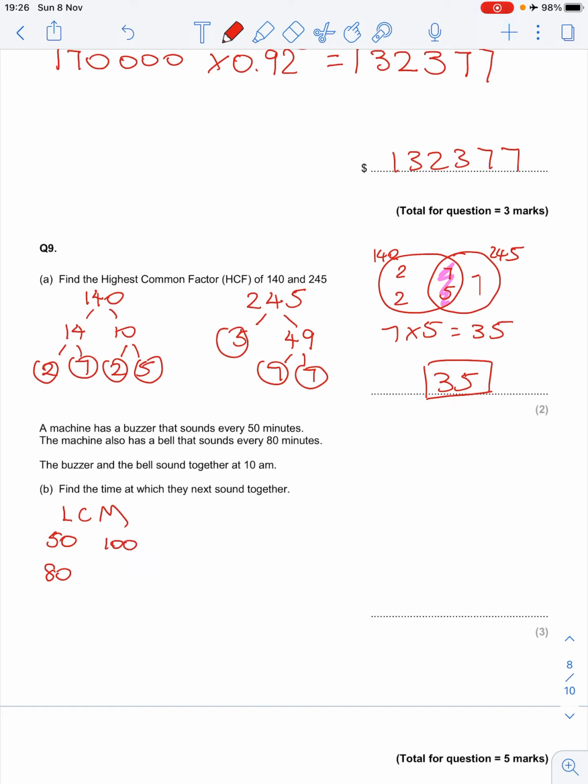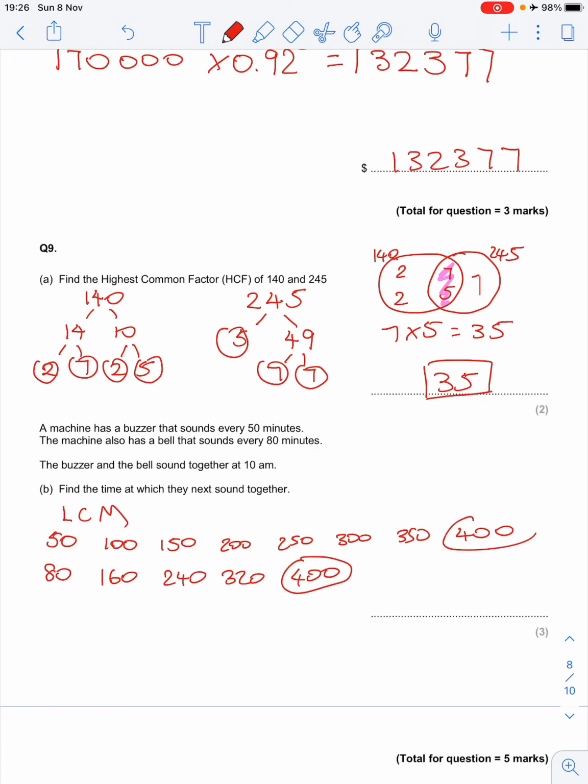Just keep going until you reach the common multiple. So the next would be 100, 150, 200, 250, 300, 350, 400, and 80, 160, 240, 320, 400.